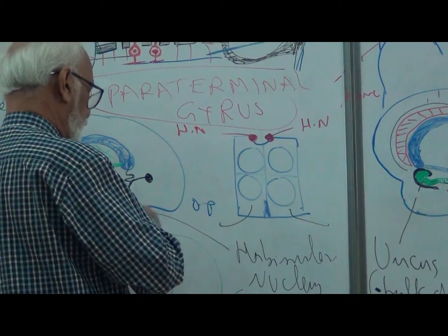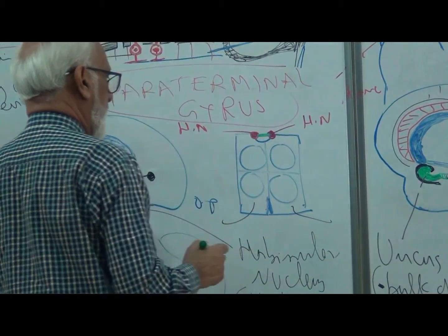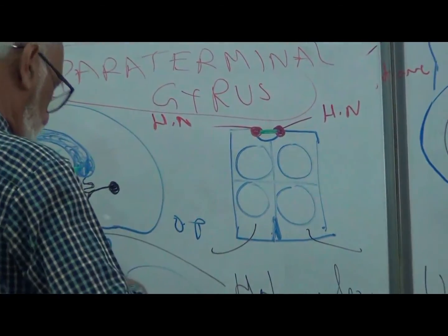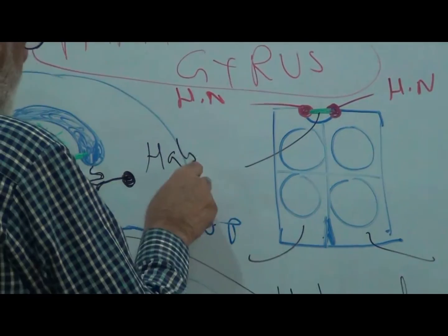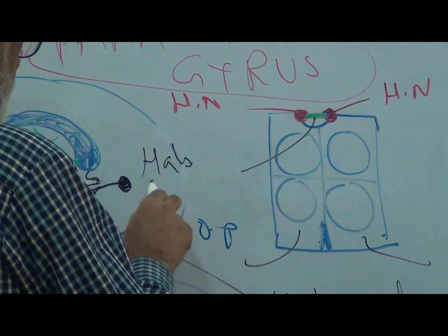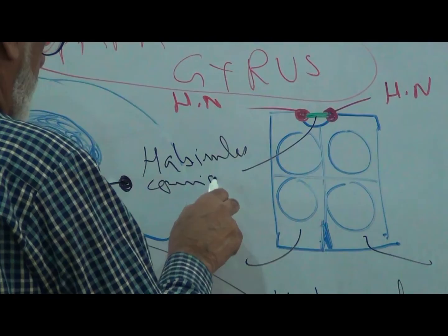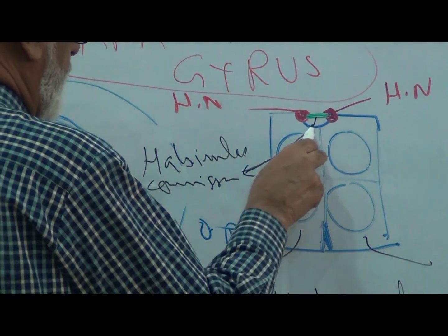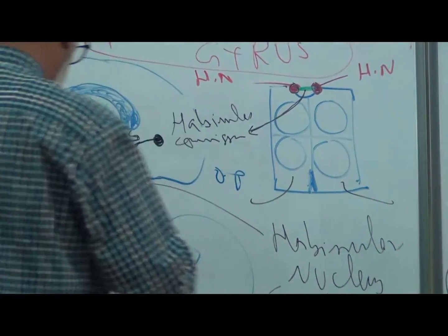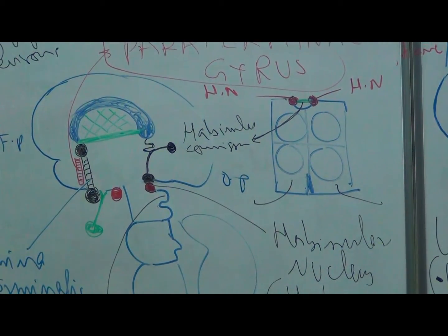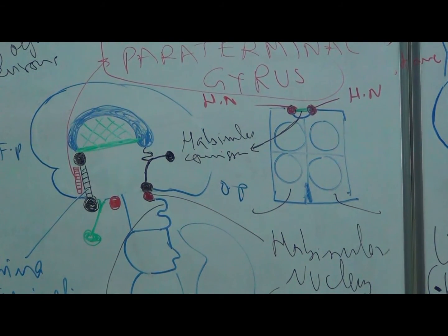And these two habenular nuclei are interconnected by a bundle of commissural fibers known as the habenular commissure. So this is a location and a little detail about the habenular complex.